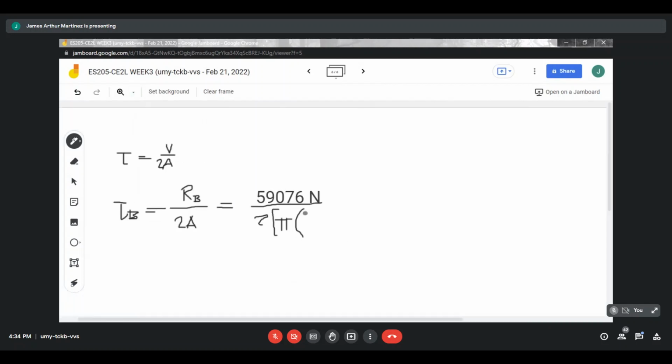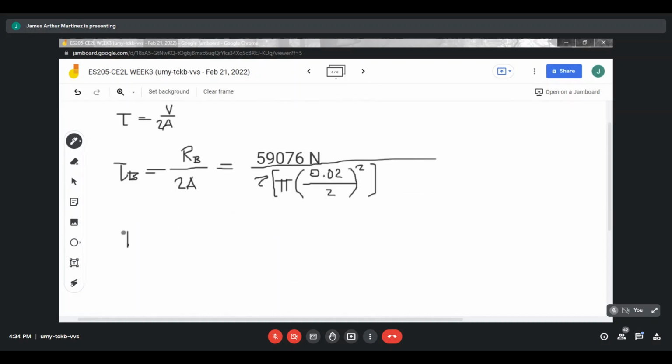Therefore, this is 0.02 over 2, squared. So we have the shear at point B, this is tau.